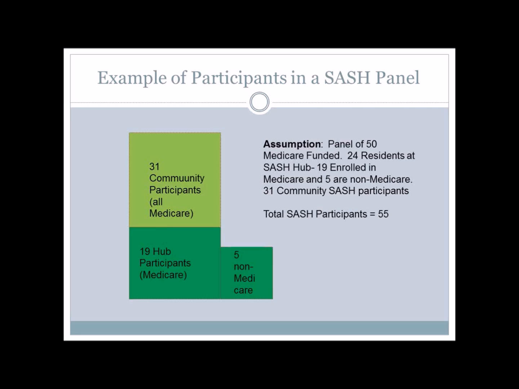The truth is, for some of our panels, it's taken over a year to grow to that 100 number. But you do have to get to that number eventually, and you're going to have to look to community participants to make up the difference if the total of your residents in your congregate site does not include all Medicare beneficiaries.